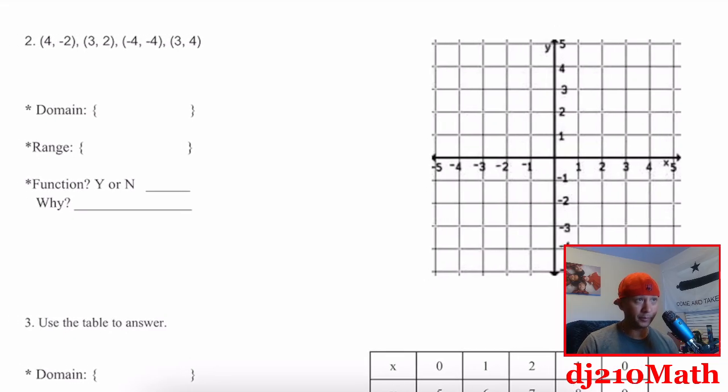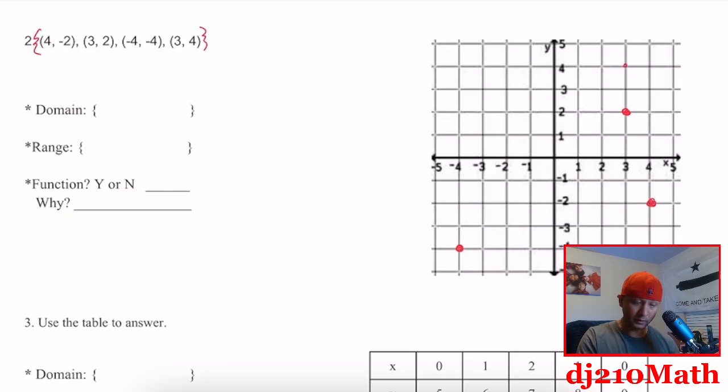What if we plot them first? Again, let's set notation. So you don't necessarily need that. That's more for me. But to be proper. 4, -2. 4, -2. 3, 2. -4, -4. 3, 4.